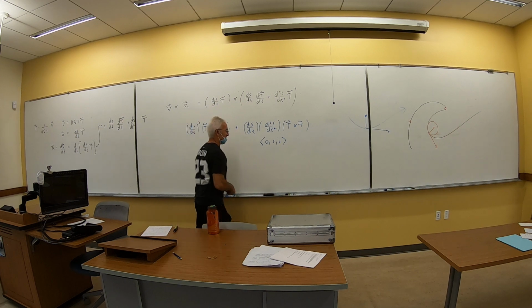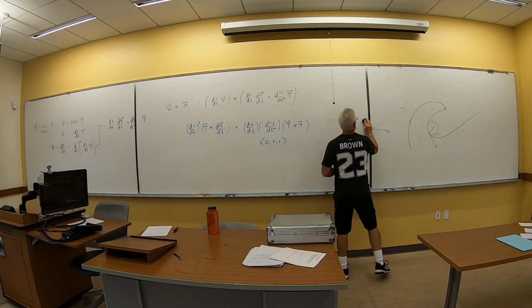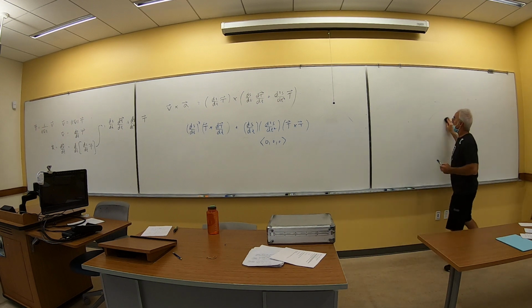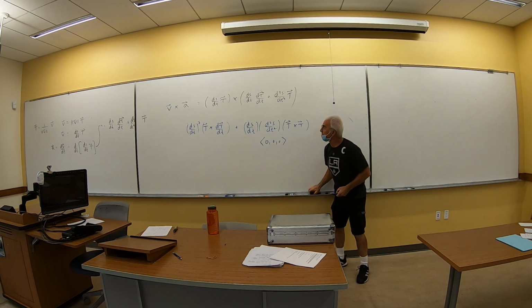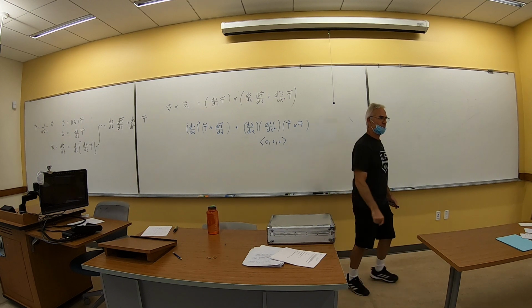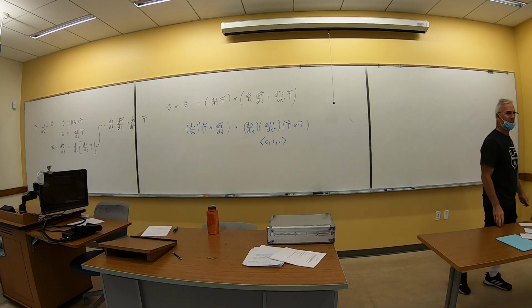I don't know what this is, but I do know something. V cross A is a vector. What is the magnitude of a cross product? Do you remember? What's the magnitude of the cross product?